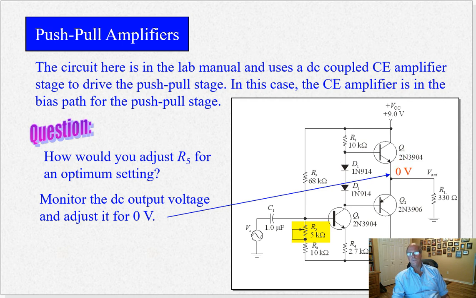So you adjust R5 for 0 volts, and that way you know that you have an equal amount of bias voltage on each one of these transistors. And you could build this and it would work fine. There's a 3904, 3906. This is a very prototype buildable circuit. It would work great.